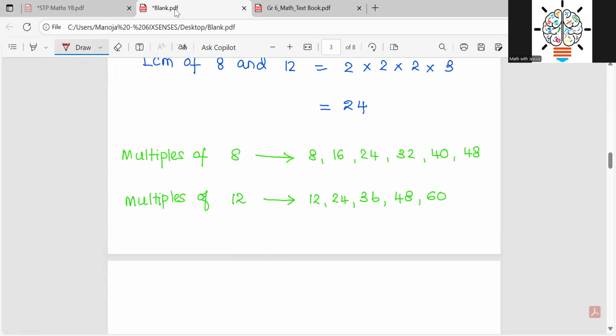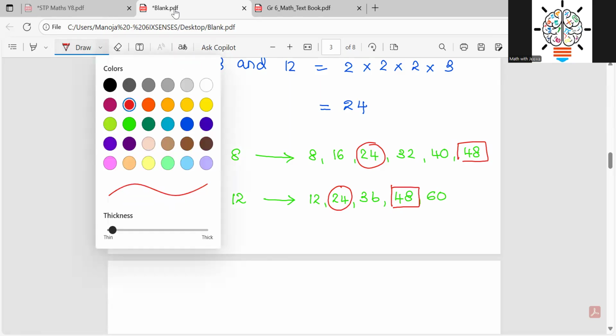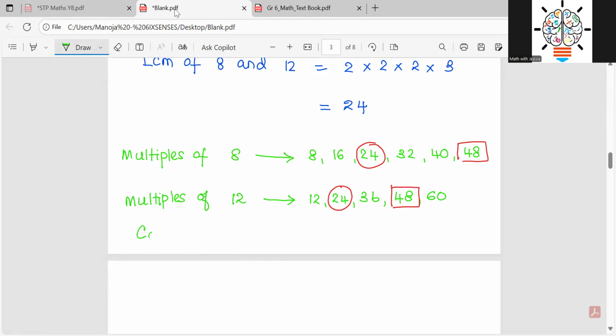Out of these multiples, you can see 24 is common, 48 is common. If needed, I can write the common multiples of 8 and 12 by opening a curly bracket and listing them down. Since there can be more after 48, I put the 3 dots and close the bracket.